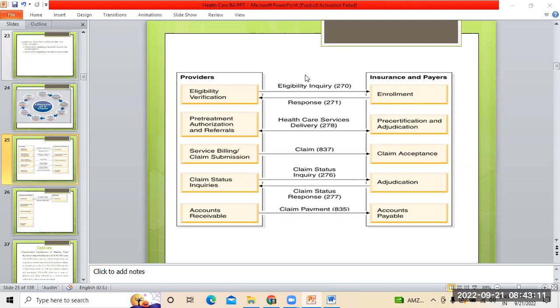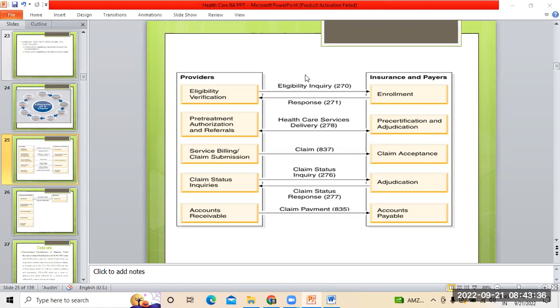So whatever numbers we are using, 270 and 271 are for eligibility verifications. Healthcare services delivery is 278. Claim status inquiry and claim status response, whatever response you are receiving, fall under 276 and 277 respectively.